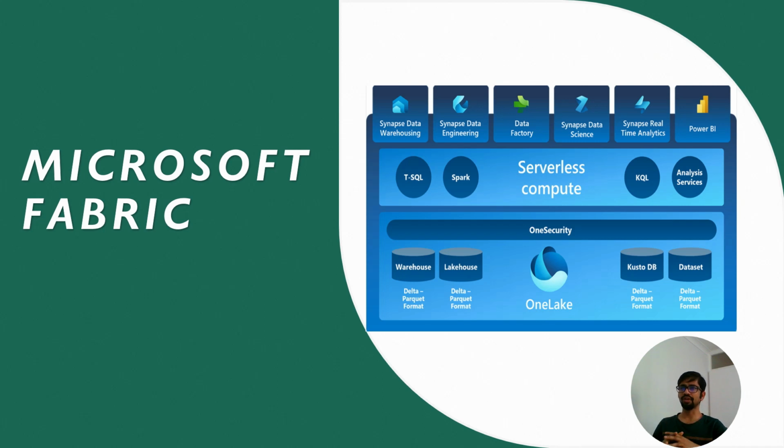But here we don't have to worry about anything. Everything will be managed by Microsoft Fabric, and we just have to build and provide our solutions to the customers. So that's all about the first architectural description of Microsoft Fabric.